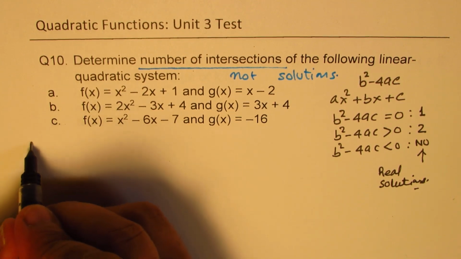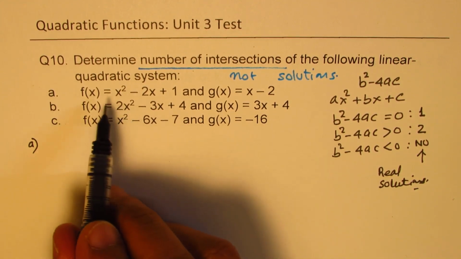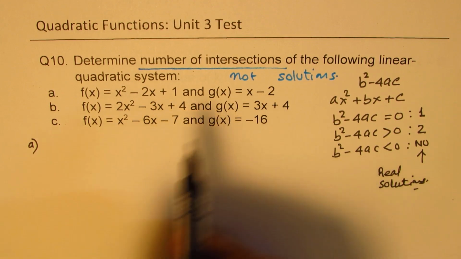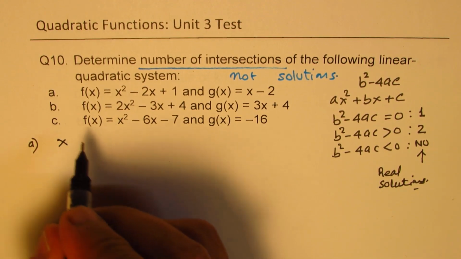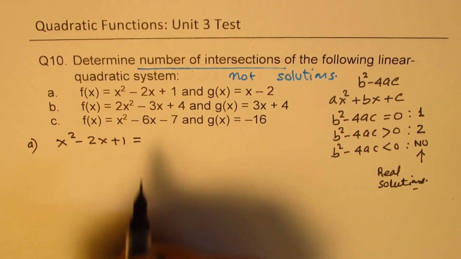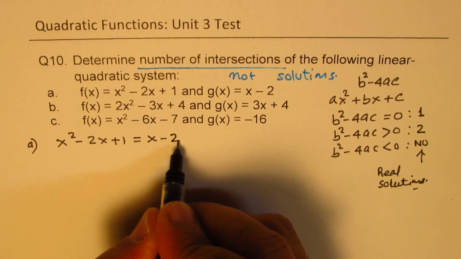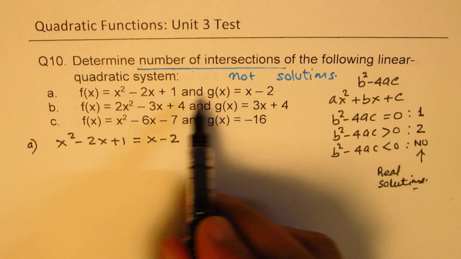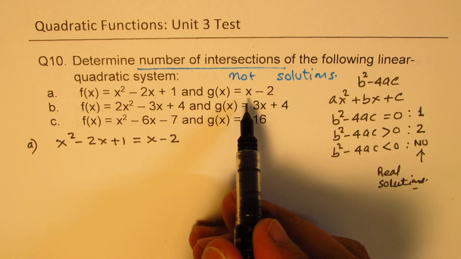For example, a, right? Let's begin with a. So f of x is x square minus 2x plus 1 and g of x is x minus 2. So the first step we'll do is, we have x square minus 2x plus 1 equals x minus 2. So intersection means at one point they have a common point. That will be the point of intersection.